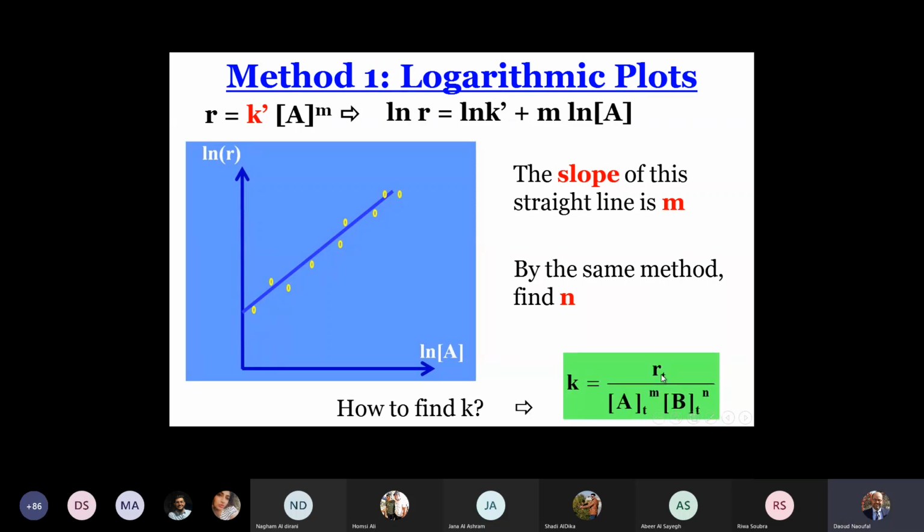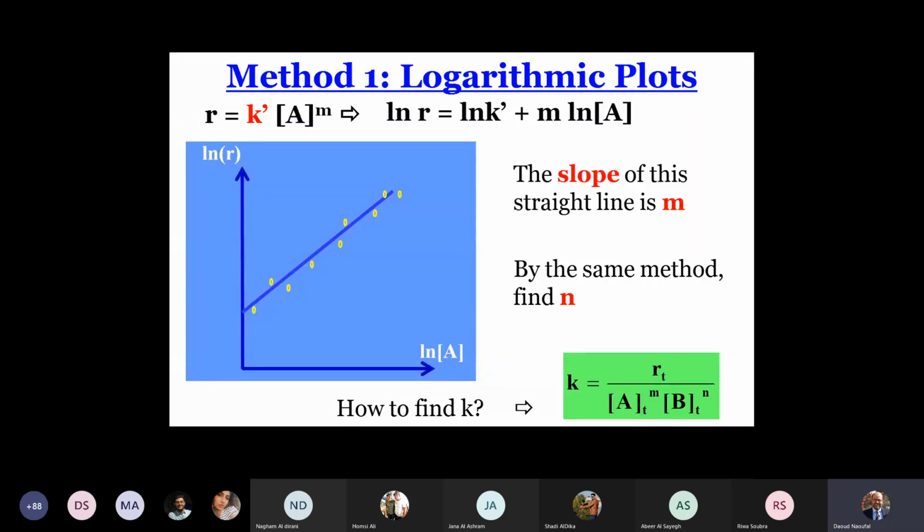k equals the rate of the reaction divided by the concentration of A to the power m, the concentration of B to the power n. So in the set of the data obtained in experiment 1, you have the set t, [A]t, [B]t, RAt, RBt, and the rate of the reaction at t.